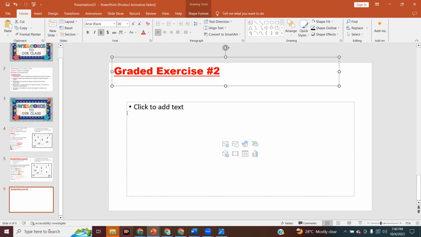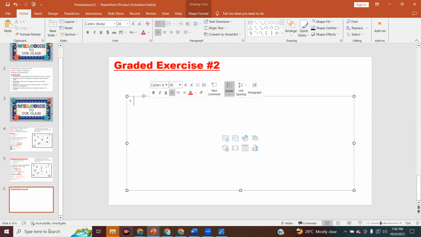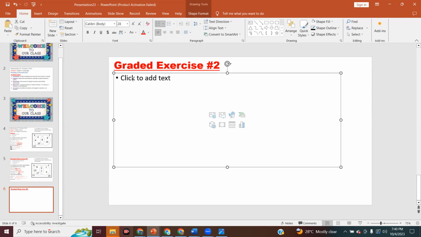For this one, we have to basically place the correct letter from column B beside the correct symbol in column A.